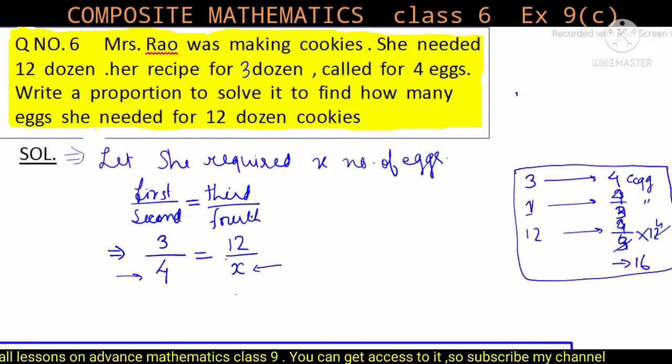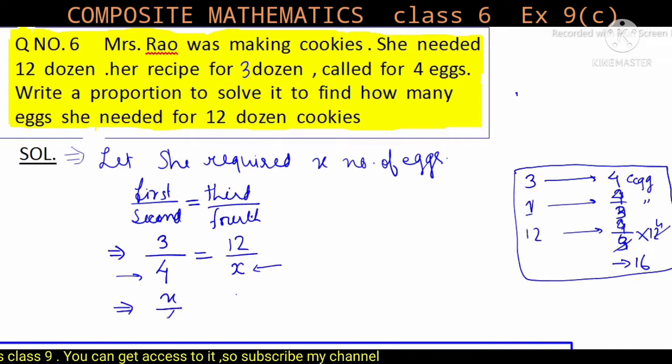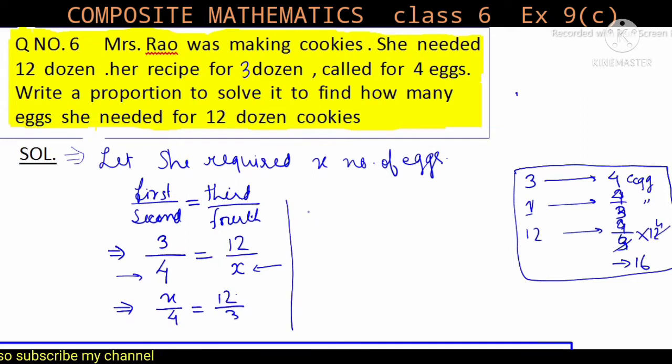So, now we will do cross multiply. We will bring x here and 3 will bring here. So, it is x by 4 is equal to 12 by 3. We have done cross multiply. Now, we will transpose this 4 to the other side, then x is equal to 12 by 3 into 4.